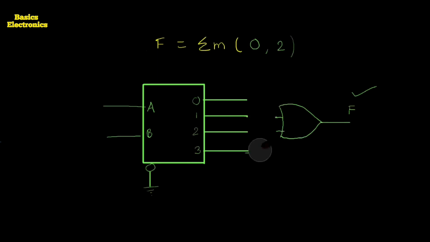Then how do we implement it? Again, we just need to draw the symbol. Here the symbol we drew is the symbol of a 1-line to 4-line demultiplexer. After this we have to implement it.